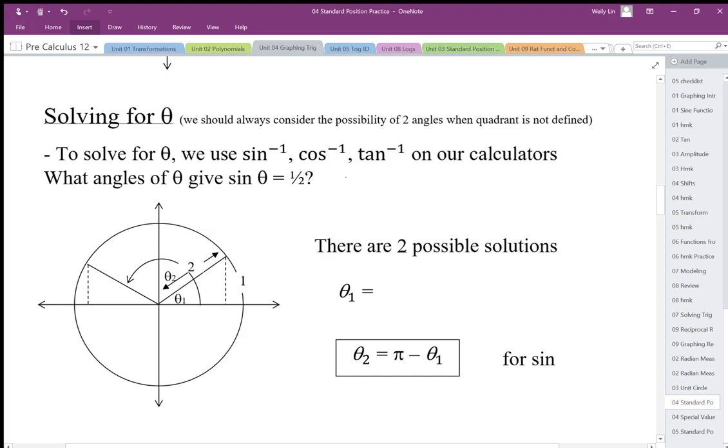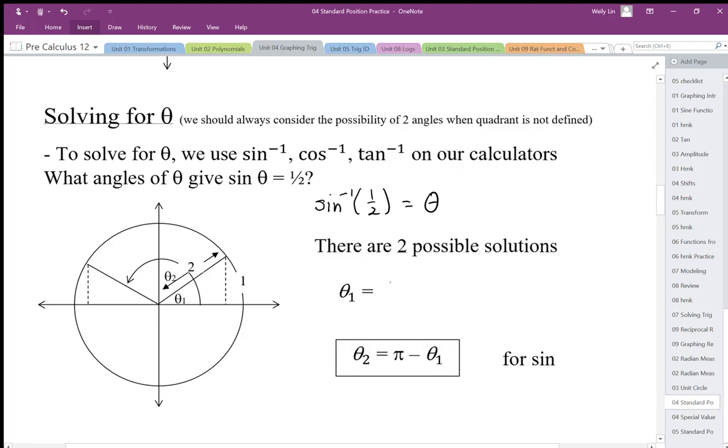So we're going to first of all start getting used to writing the notation of this. If sine theta equals 1/2, we can say the arc sine of 1/2 equals theta. We often need a calculator for this. If you use your calculator, you're going to get something like 0.5 something, 0.52 or something like that. But because this is a special ratio, we can actually do this problem without a calculator.